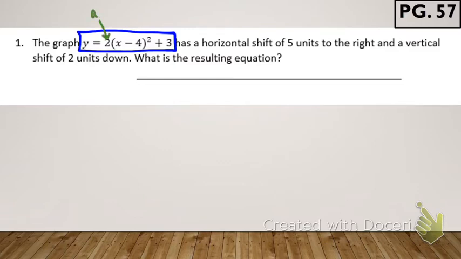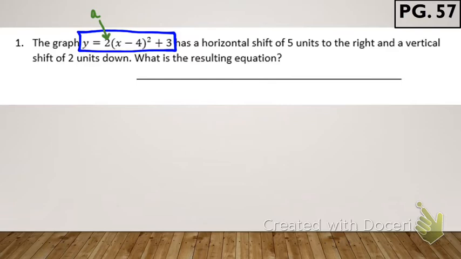Here's my a value. So I know compared to the parent, this has been vertically, what? Vertically stretched. Any numbers on the number line that are farther away from 0 than a 1 or a negative 1. So if you're not a decimal or a fraction, it's going to stretch it. Even if it's negative, it'll still stretch it.